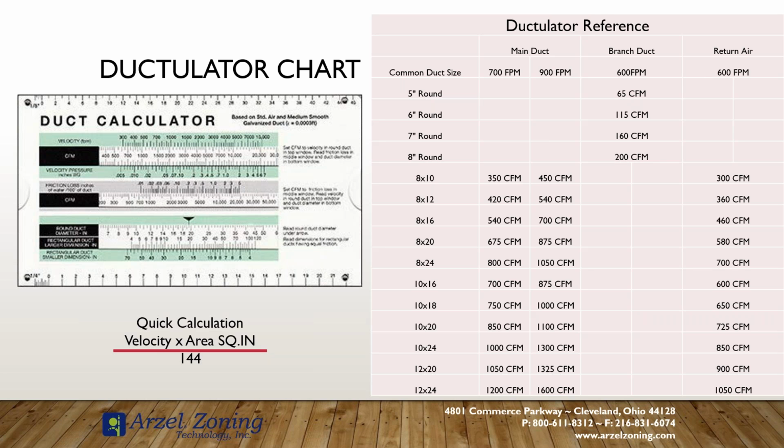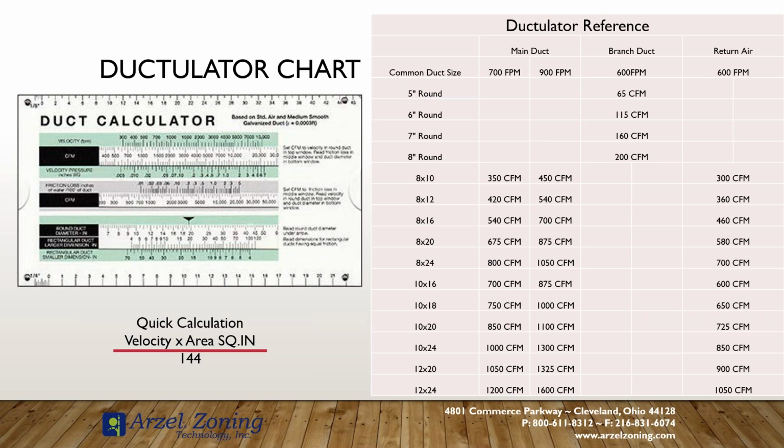Now, if you've got a means of measuring velocity, or you've got a means of measuring your CFM, I like that little CPS Bluetooth dongle that I can connect up to my phone or tablet, and then it gives me my velocity. And then I can use my duct chart. I can use a quick reference chart. I can use that formula that I gave you. Then I can convert that into CFM to see what I'm actually delivering.